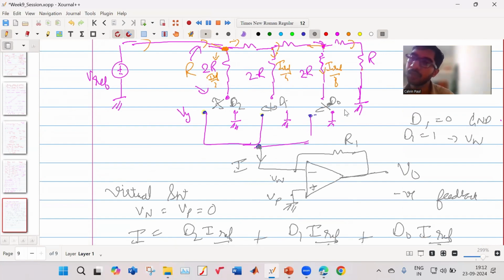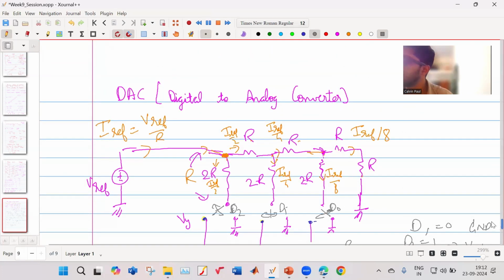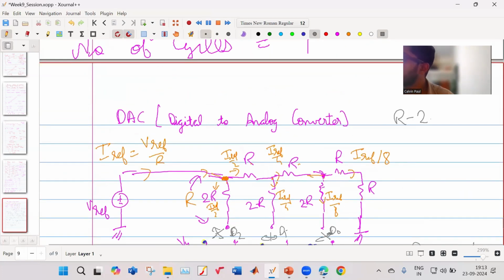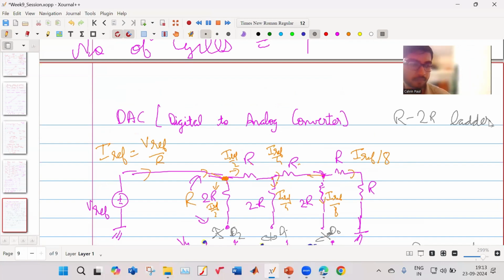So this is how we can generate the voltage we want by just opening or closing switches, depending on some digital number. Okay, that is why this is known as a digital to analog converter. And this is known as an R to R ladder. This is the R to R ladder logic. Okay.